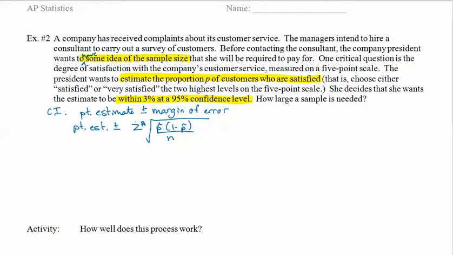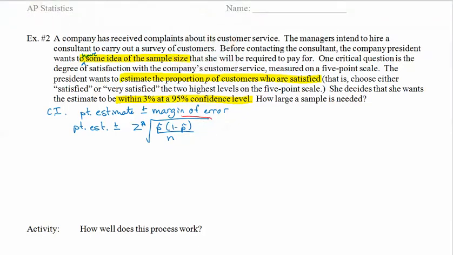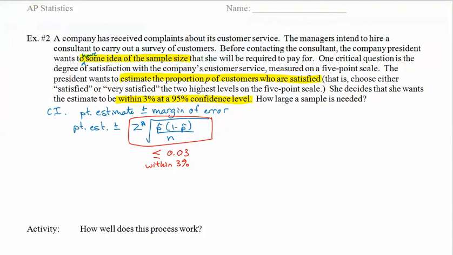Now, we want the margin of error to be within 0.03, within 3%. So for our 95% confidence, our critical value is 1.96, as we found earlier.